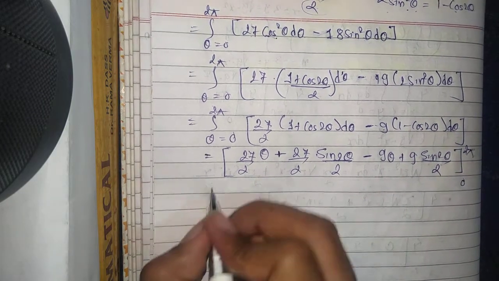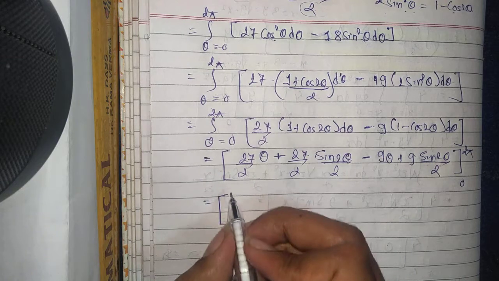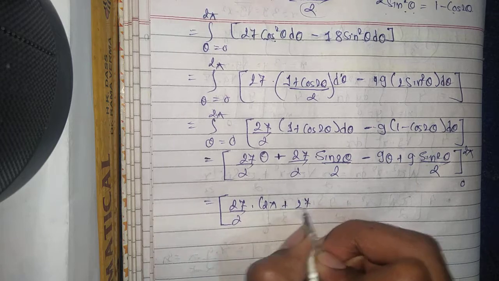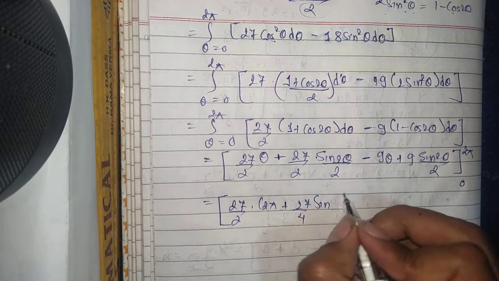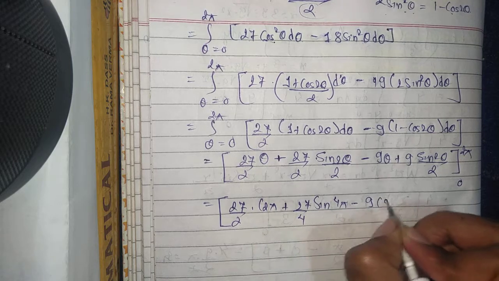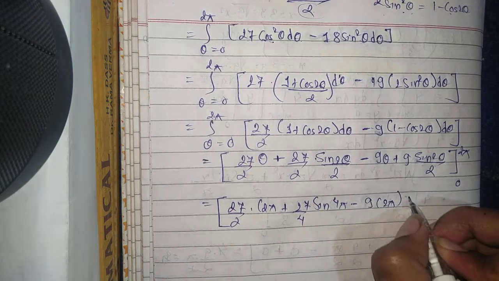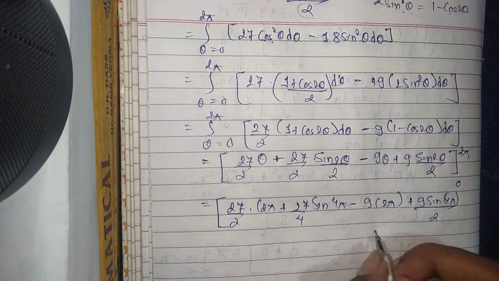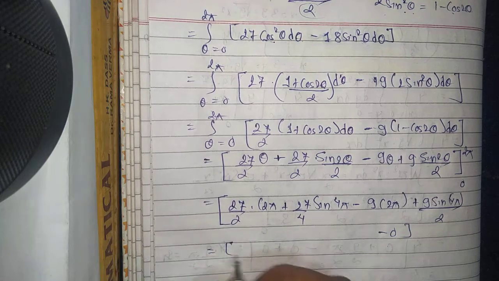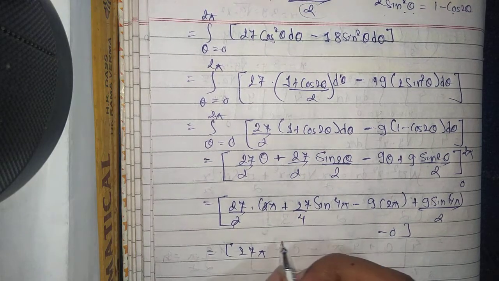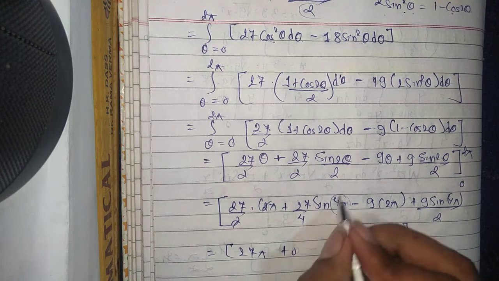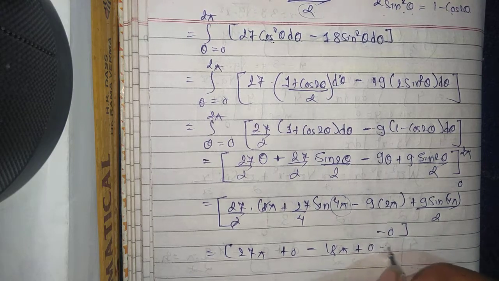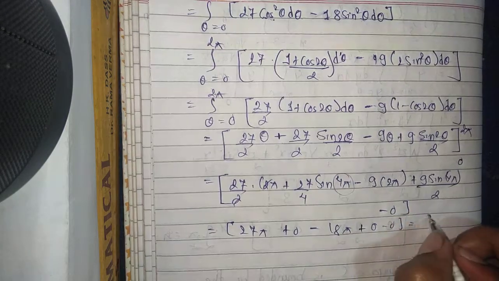Now substituting values, we get 27 by 2 times 2 pi plus 27 by 4 sin 4 pi, minus 9 times 2 pi plus 9 sin 4 pi upon 2, minus 0. This equals 27 pi plus 0, since sin 4 pi is 0, minus 18 pi plus 0, minus 0. Here we get 27 pi minus 18 pi equals 9 pi.